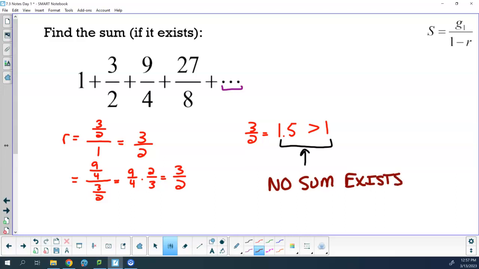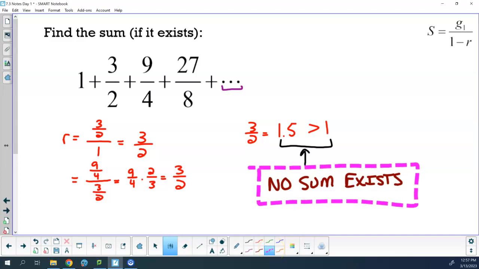Because the terms are getting larger and larger and larger, not smaller and smaller and smaller. And that's all you have to do for those problems. Once you establish your R value, if it is not less than 1, can't do it. No sum exists. Move on.